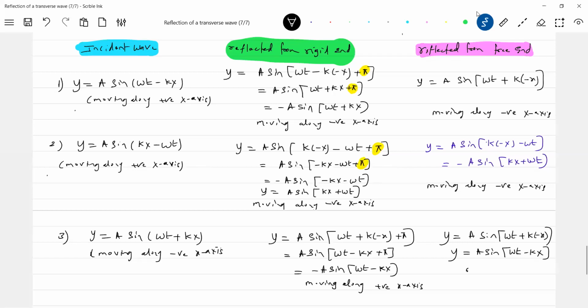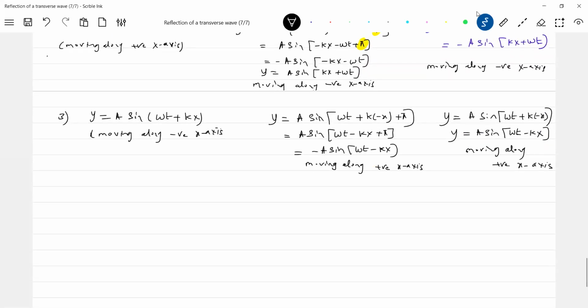So what is this moving along? Let me do only sine we did, no? We'll go for cos. So it is moving along positive x-axis.